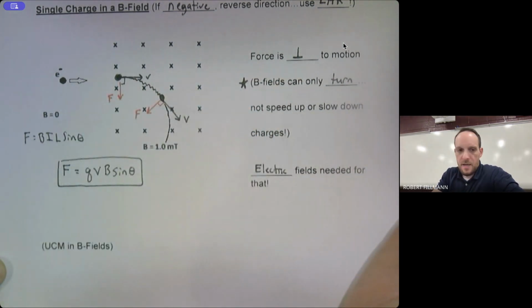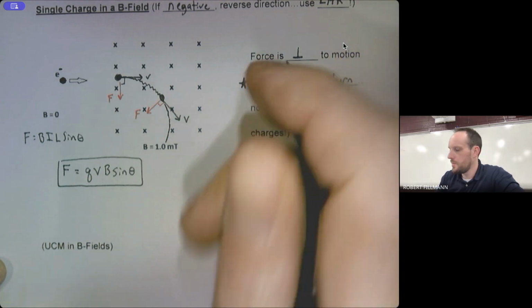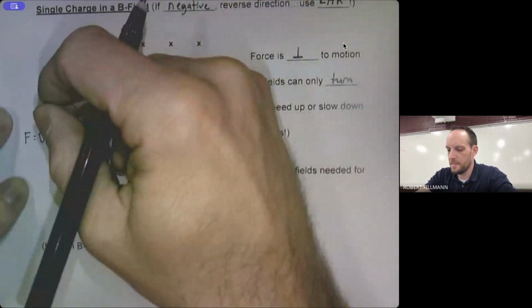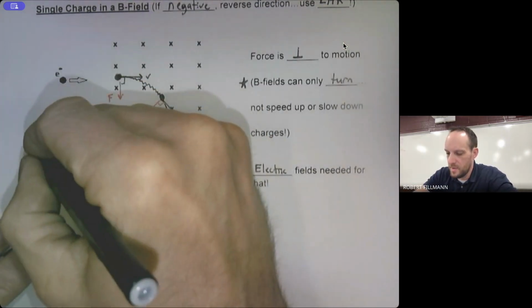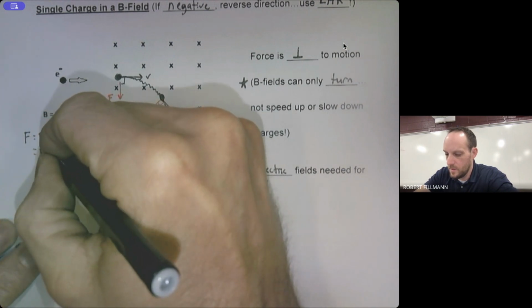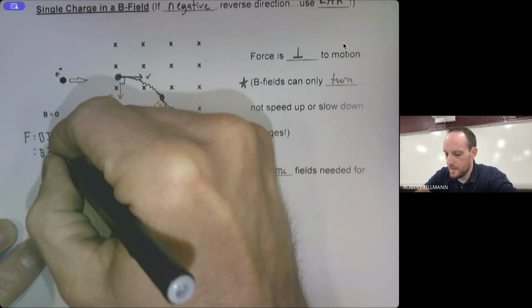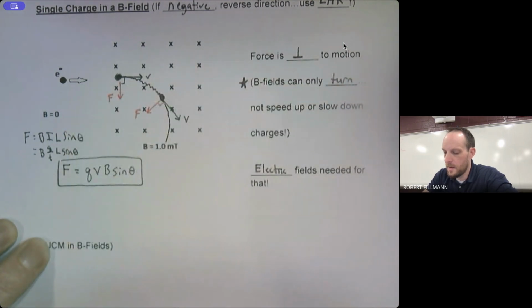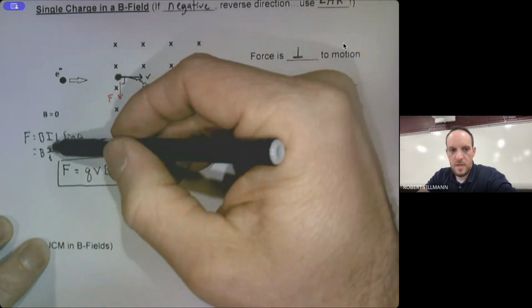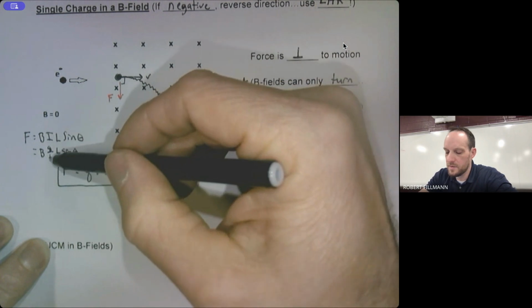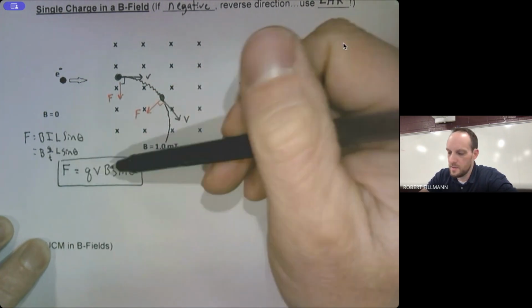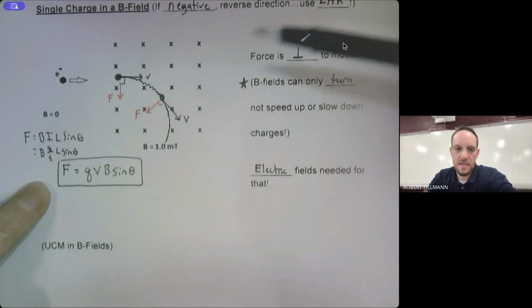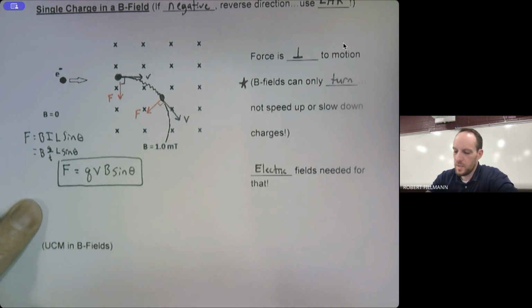And I is just a flow of charge. So what we can do is take I and replace it with Q over T, times L sine theta. So here's our Q and here's our B, and then the L over T is just distance over time. So we replace the L over T with the V. So if we have a single charge, we can write it like this.